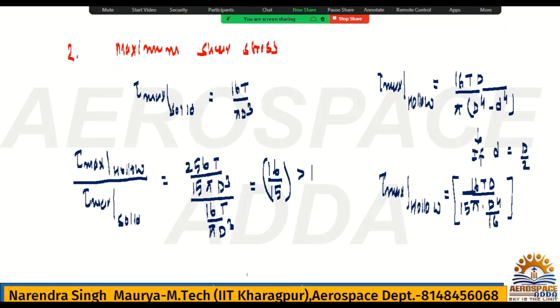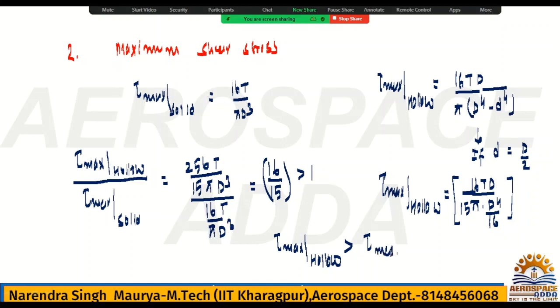So again, if you compare the maximum shear stress, hopefully now you are getting why we talk about solid and hollow shafts in many cases. This is the comparison maximum shear stress wise.